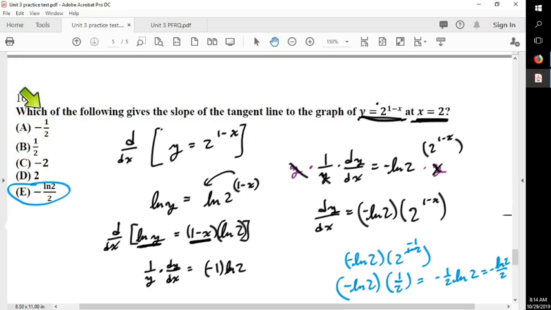Sorry. It says, which of the following gives the slope of the tangent line? Okay, now if you wanted to find a slope of a tangent line, that is finding the slope at a point. If you're finding the slope at a point, you need to find the derivative, and then you need to plug in that point. And when I say plug in that point, I don't mean an x and a y, I mean just the x.